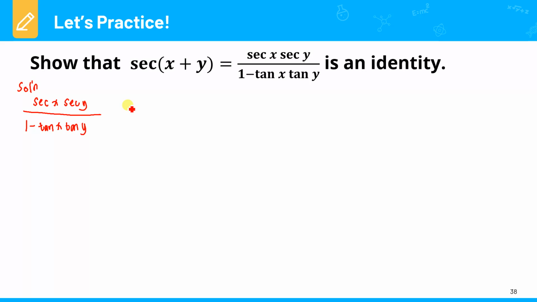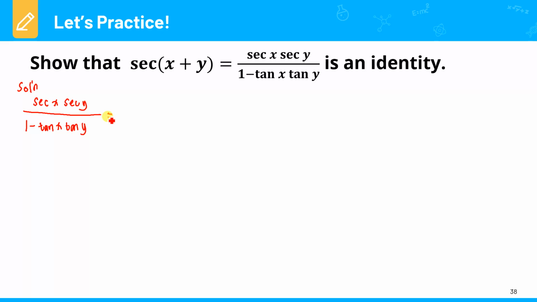So in this case, let's substitute the secant with an expression in sine or cosine, and the denominator must also be in the form of sine and cosine.